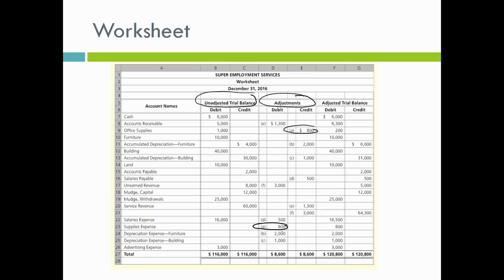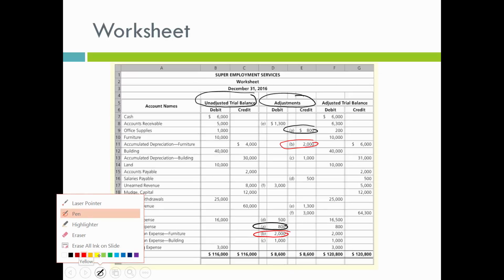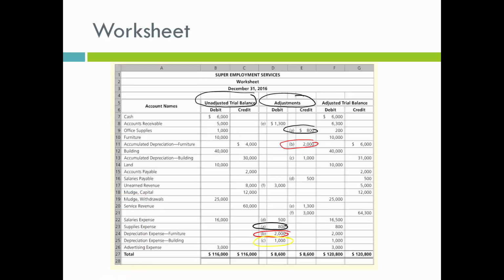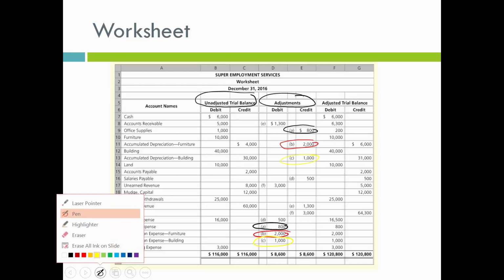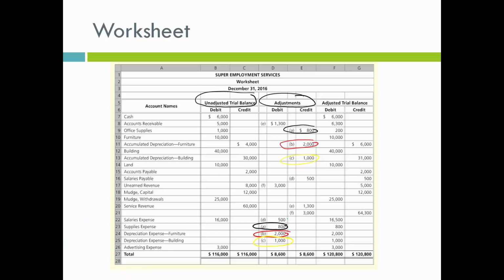Then for B, I debited depreciation expense right here, and I credited accumulated depreciation. One debit, one credit. So again, if you've already done these journal entries, you're just transferring them over here. And so you could see C here is one debit, depreciation expense, one credit, and A, B, C, D, I debited salaries expense, and I credited salaries payable here.